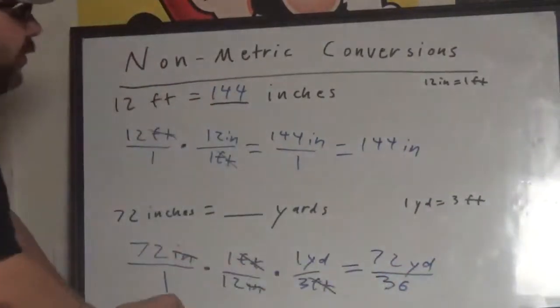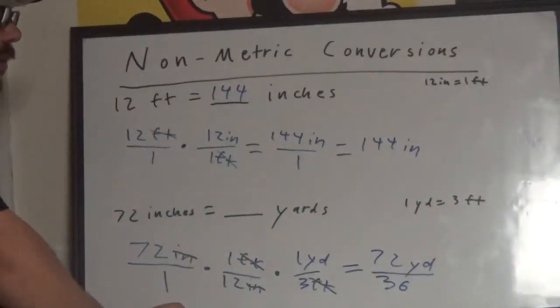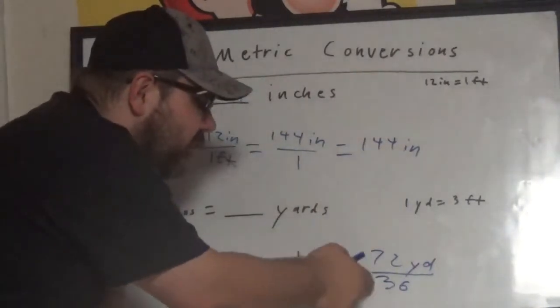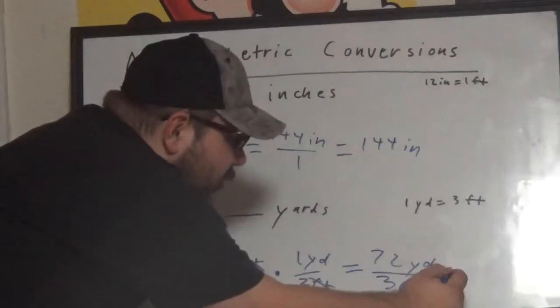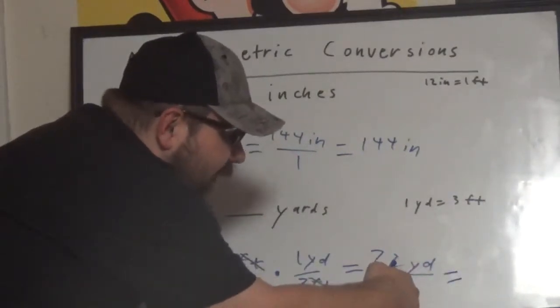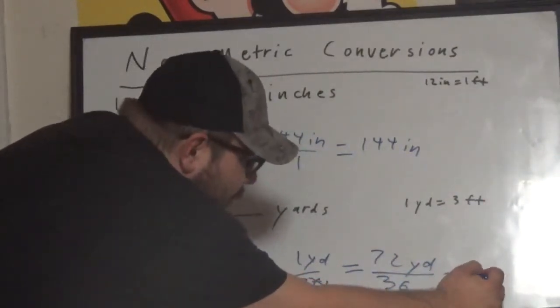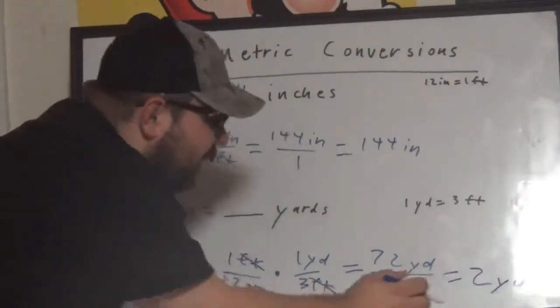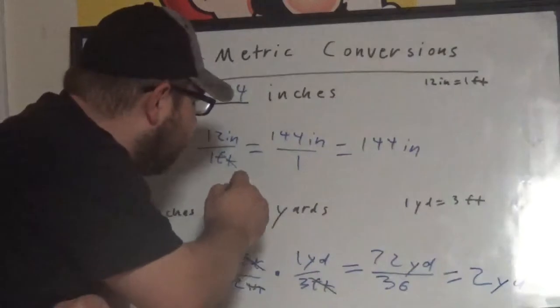And we have 72 yards over 36. You can probably guess that's not what we want. We don't want our answer to look like this. So divide: 72 divided by 36 is 2. We simplify that by dividing, and we get 2 yards.